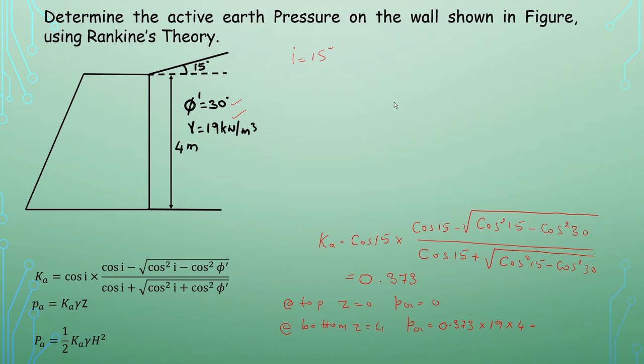You are going to get it as 28.348 kilonewton per meter square. This is what you are going to get.